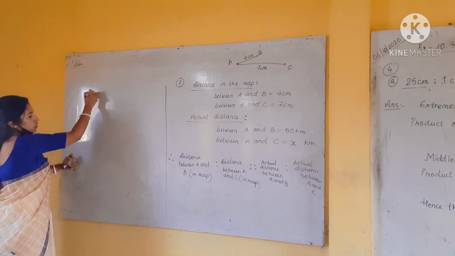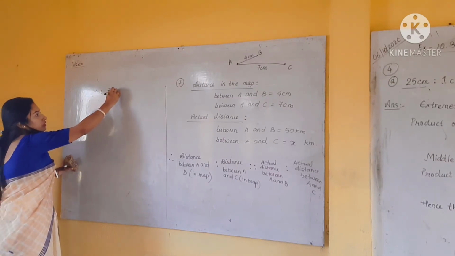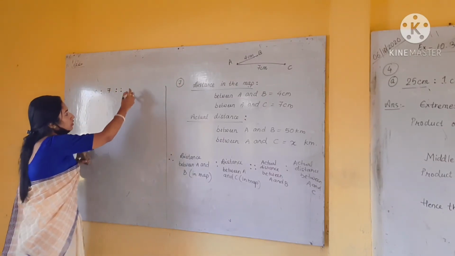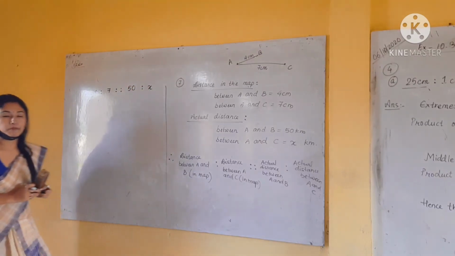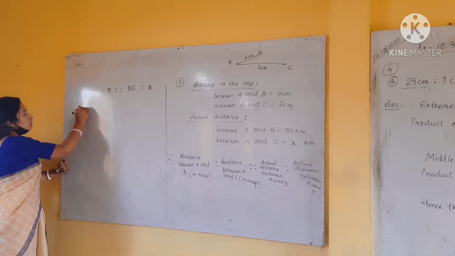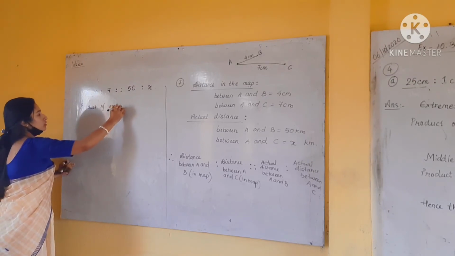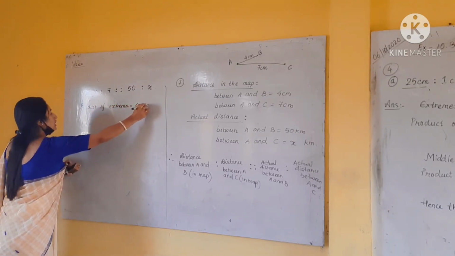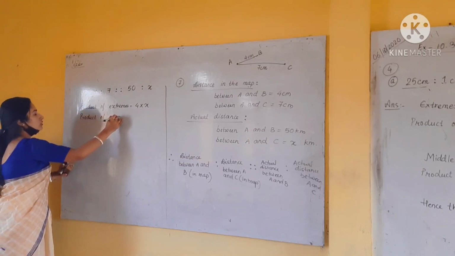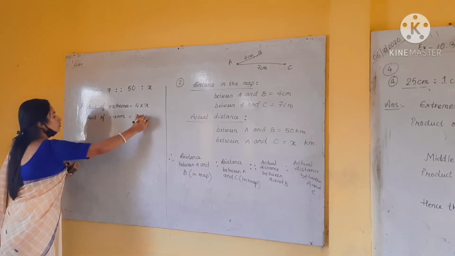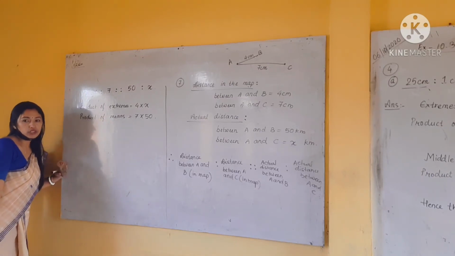So distance between A and B is 4 is to 7 is equal to 50 is to X. So now product of extremes: four into x. Product of means: 7 into 50.